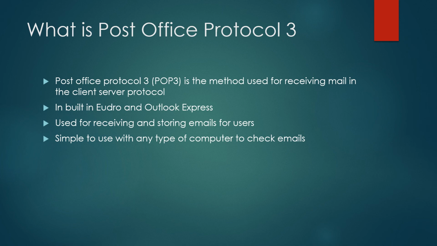It is built into Hydro and Outlook Express, and is used in receiving and storing emails for users. This protocol is extremely simple to use, and if configured properly, you can use any type of computer to check your emails.